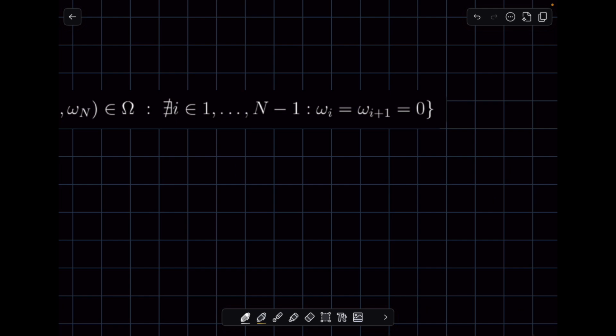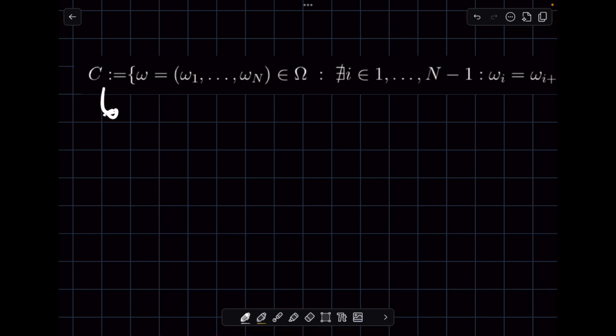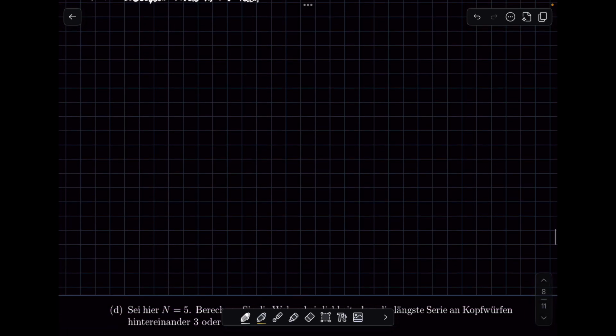So we cannot get heads and heads. That is not going to be part of C, right? So that's no subsequent heads in the tosses. That's basically what we want.